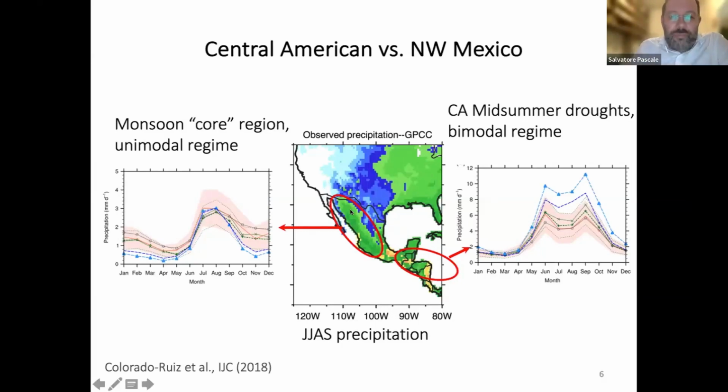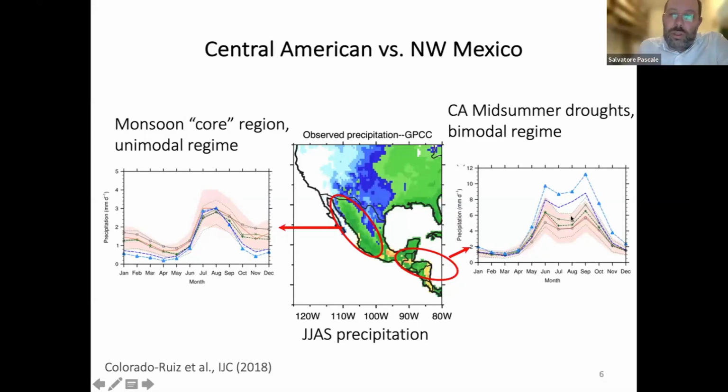I mean, broadly speaking, people sometimes include in the North American monsoon also the typical rainfall you have, for example, further south over Central America, like Belize or Costa Rica. Here also we have a rainy season during the summer, but the regime is bimodal because you tend to have two peaks in precipitation in June and September with a local minimum in July and August.